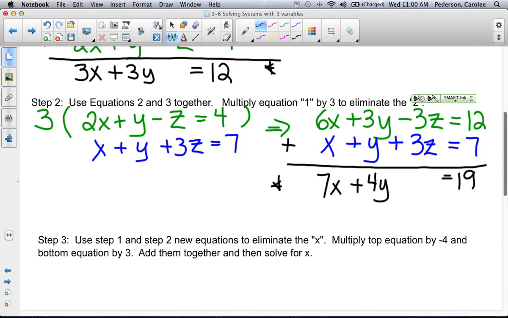So those are the two equations we're going to use in step 3. So I'm going to go ahead and write down those two black equations. 3x plus 3y equals 12. And then 7x plus 4y equals 19.